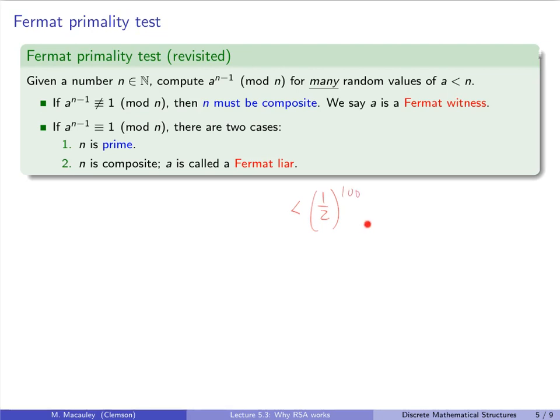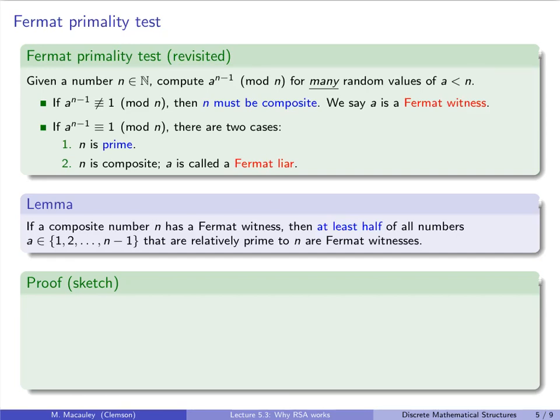Although what I said is not entirely true. There's one annoying case we have to deal with. Specifically, I did say if we have a Fermat witness, and it's possible that we don't. Okay, I'm getting ahead of myself. Let's go back a few steps.